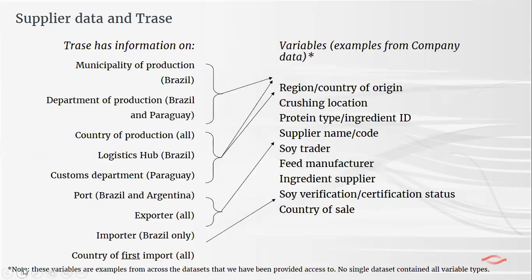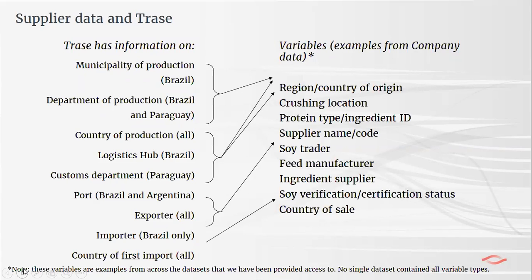This slide just illustrates the type of information that was made available to us by the companies, and that's listed on the right-hand side. And then we tried basically to make connections between that data and the type of information that Trace provides us with. It's worth noting that no company that we actually received data from covered all aspects which are illustrated on the right.